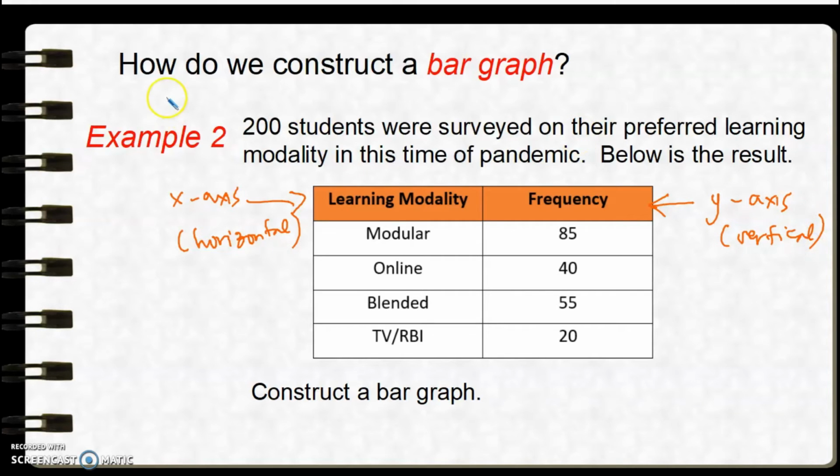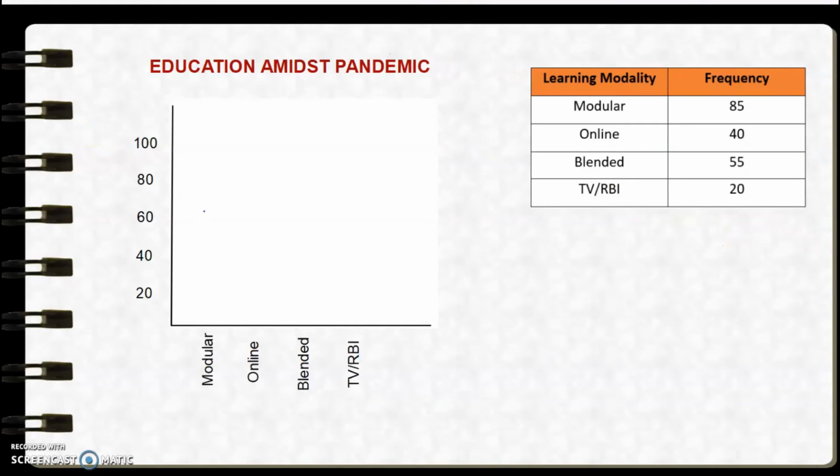So I'll be teaching you two ways, the manual and the use of Excel later. The first one is the manual. We have to make sure that the horizontal line or the x-axis contains the different learning modalities. So these are the learning modalities, such as modular, online, blended, TV, or radio broadcast.